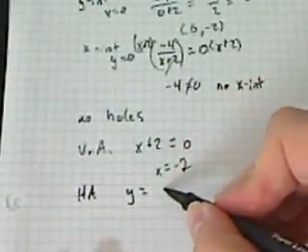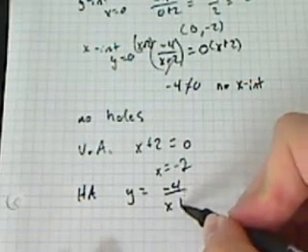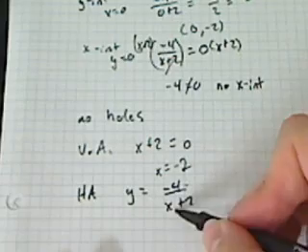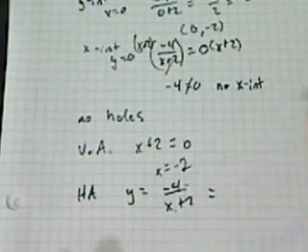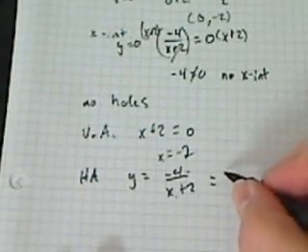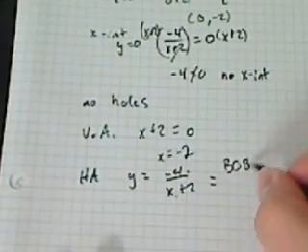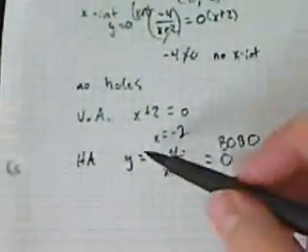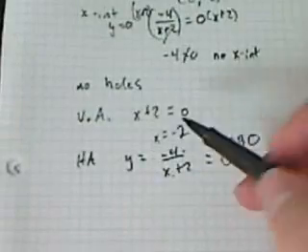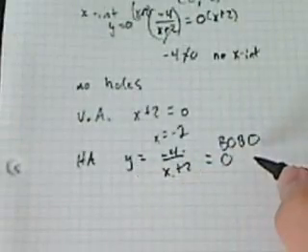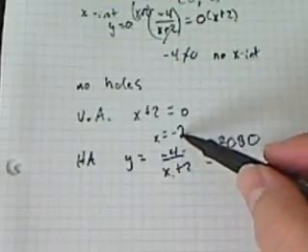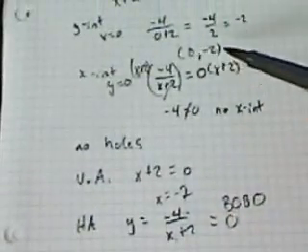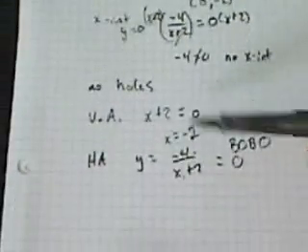So when we have negative 4 over x plus 2, we have degree 0 over degree 1, which is bigger on bottom, and that tells us y equals 0. So we've got our horizontal asymptote at y equals 0 and our vertical asymptote at x equals negative 2. We have no x-intercepts. We have a y-intercept at (0, negative 2).